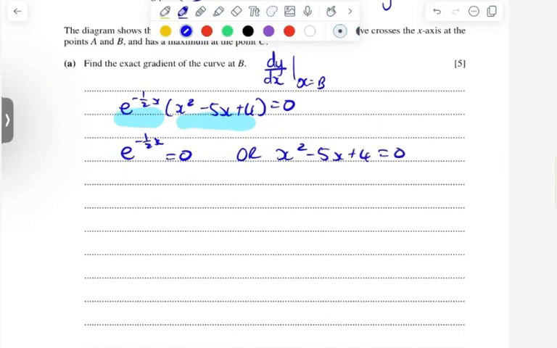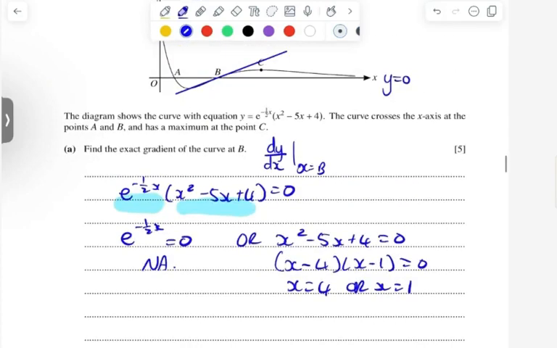An exponential never has any value equal to 0, so no solutions come from there. And here we can factorize this into x - 4 and x - 1. So x is going to be equal to 4 or x is equal to 1. We've got two places where our graph crosses the x-axis, so through logic, we know that A is 1, and then B is equal to 4.